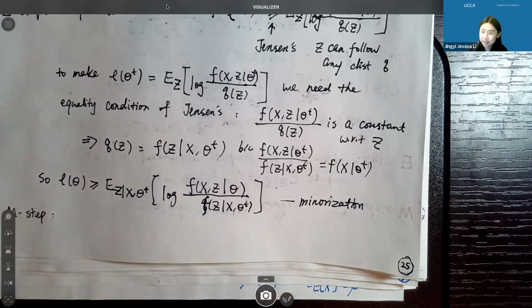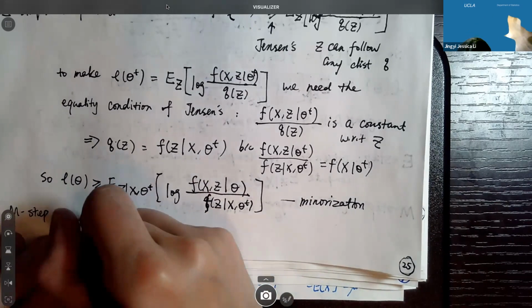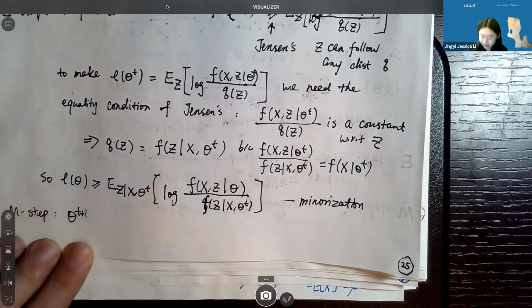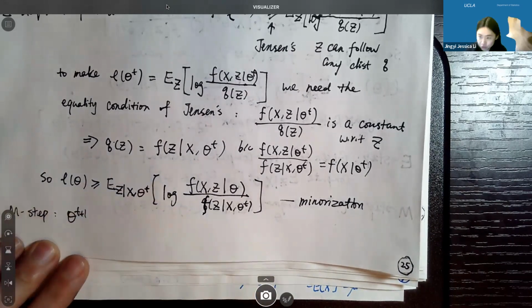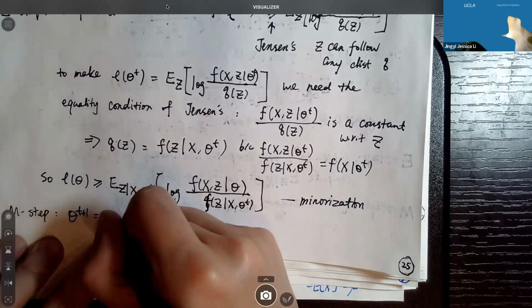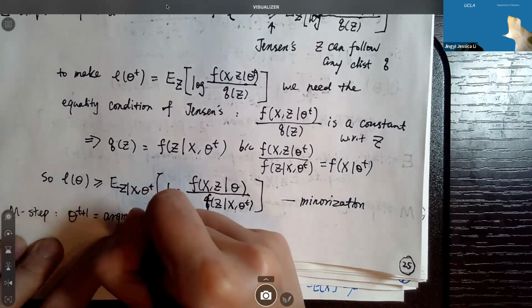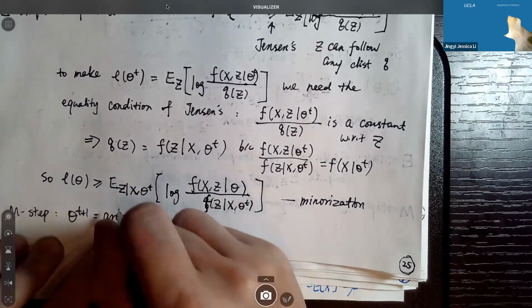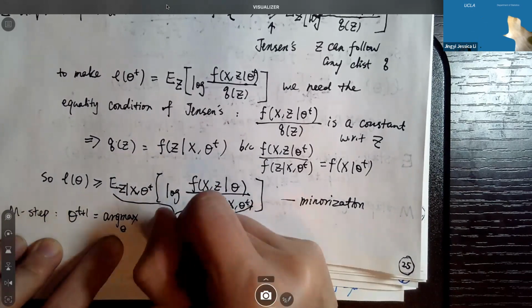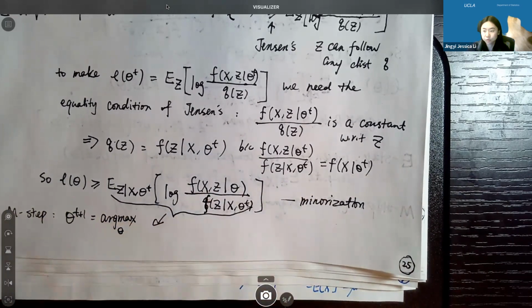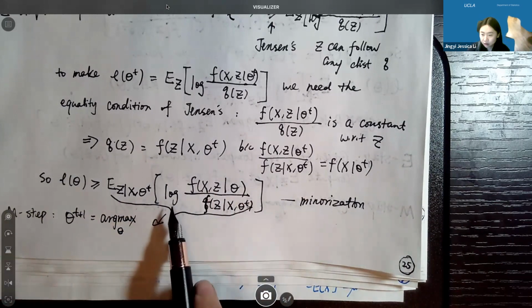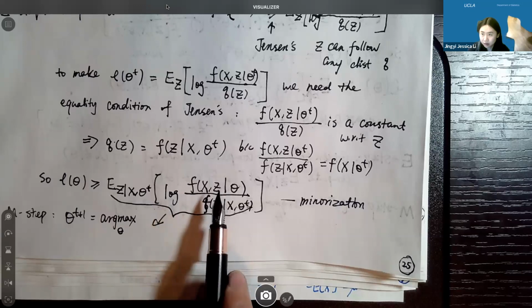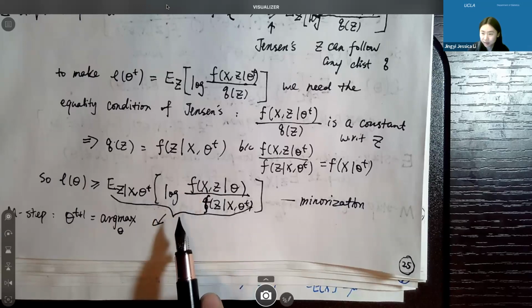So we move to the next value, theta t plus 1, right? So theta t plus 1 should be arg max theta of this term. So this term should be what we try to maximize. But then we realize one thing, that is we can write the log ratio as equal to log of the numerator minus the log of the denominator.